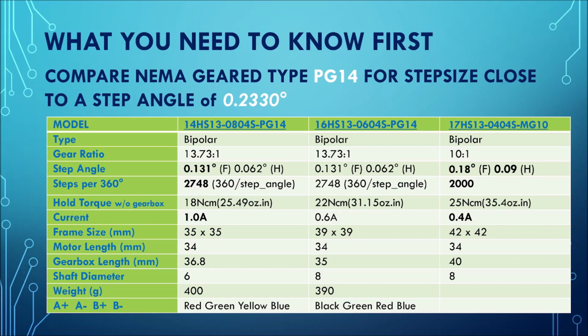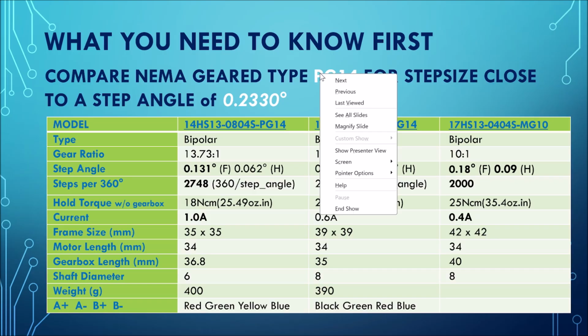It doesn't exist. So I took the nearest one, which is around 10:1. And that gives, if we look at the number of steps per 360, 2000. And if we look at the step size, it's 0.18. So that's better than either of the other choices in PG14.